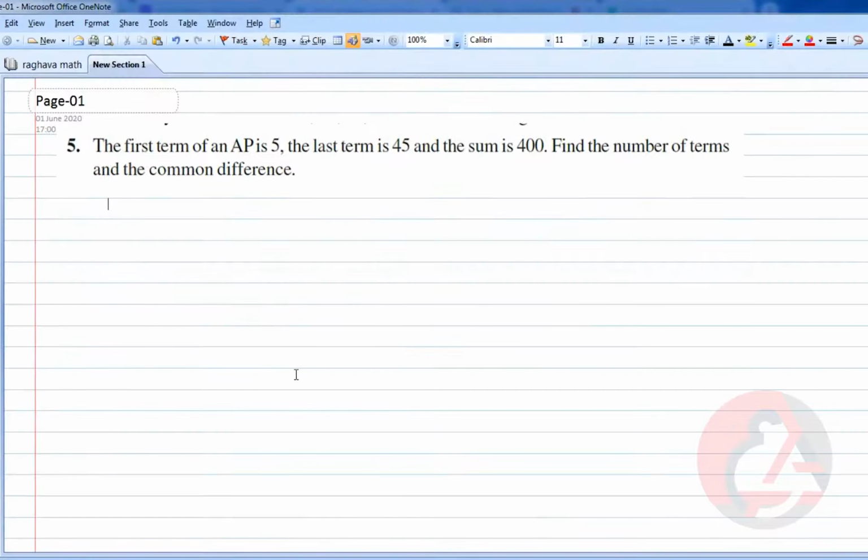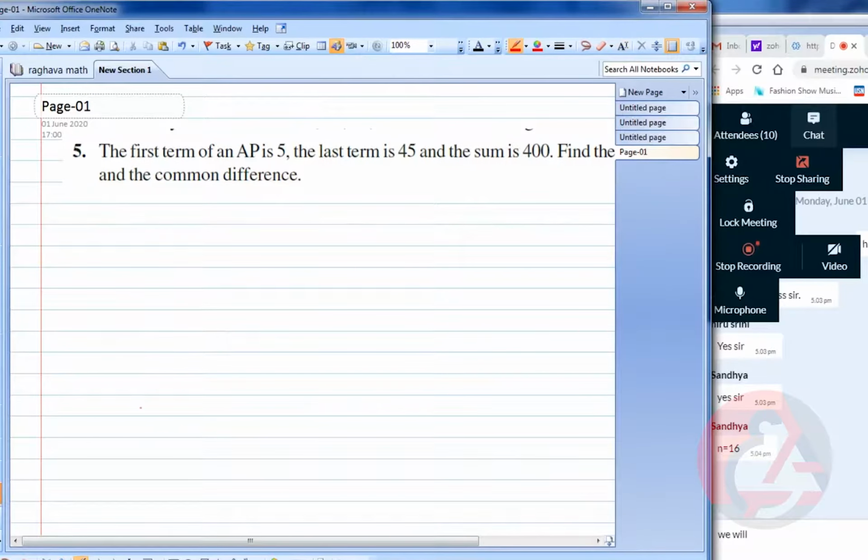What is the given data here? Anybody can guide me? Yeah, what is the given data here?